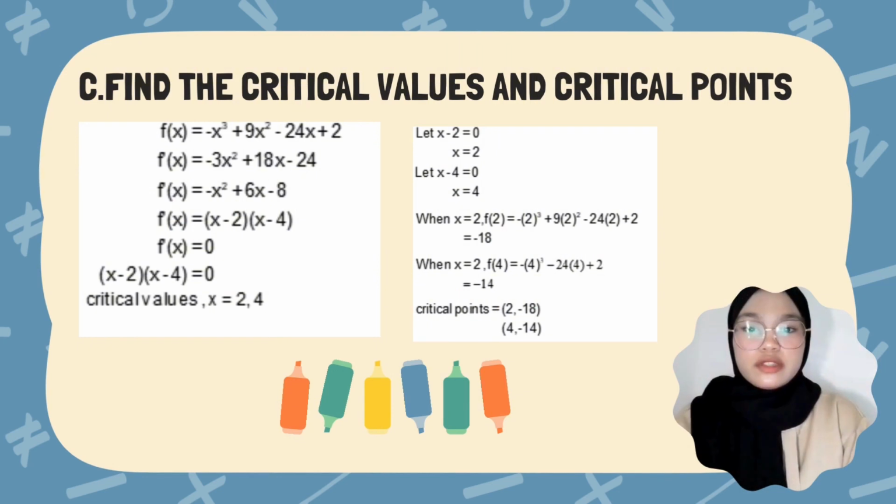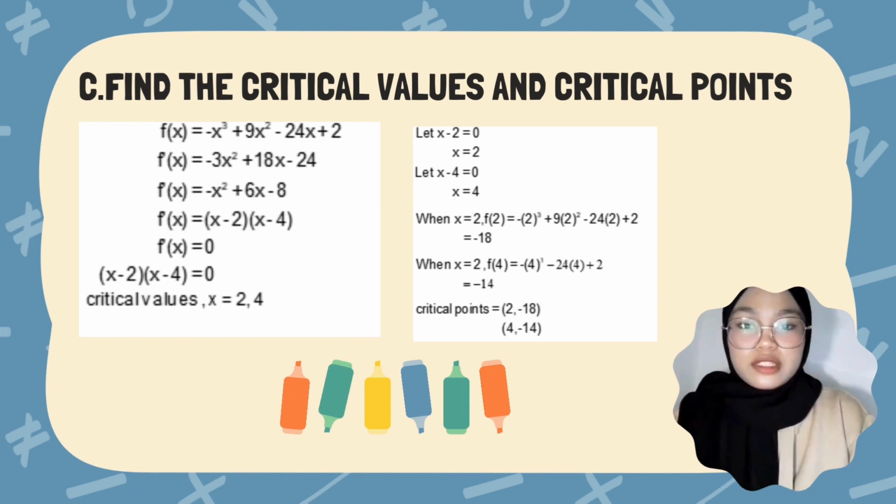For question 2c, we need to find critical values and critical points. So we are using f(x) equal to negative x cubed plus 9x squared minus 24x plus 2. We differentiate it, so we get negative 3x squared plus 18x minus 24. We make it smaller by dividing by 3 and we get negative x squared plus 6x minus 8. So we factorize it and we get f'(x) equal to (x minus 2)(x minus 4).